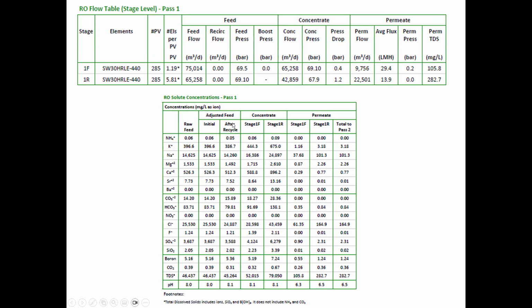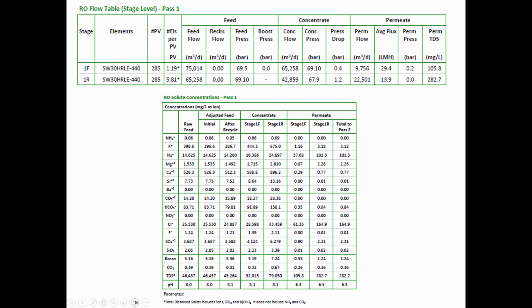The concentration changes a little bit, and you have stage 1, stage 2. What's the concentrate change also? And the permeate: you have the permeate concentration, stage 1, stage 2, and your overall permeate. So I can see each individual rejection from this report.